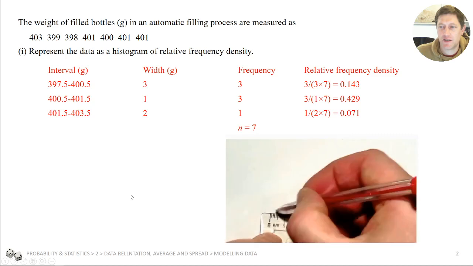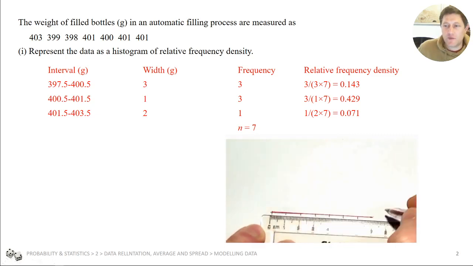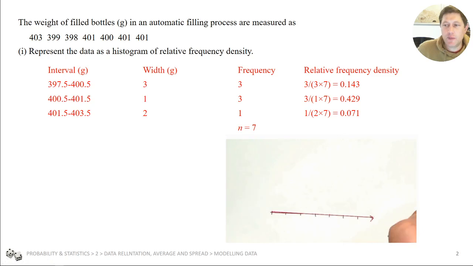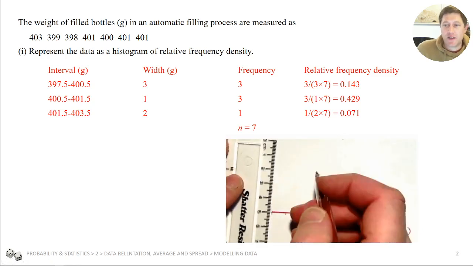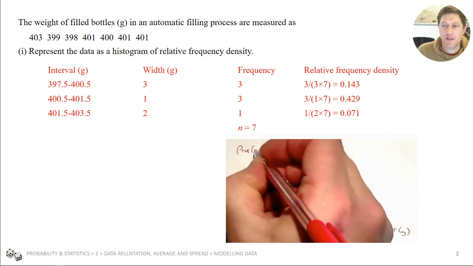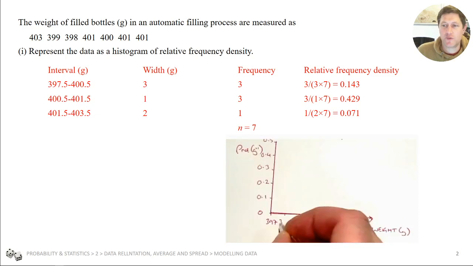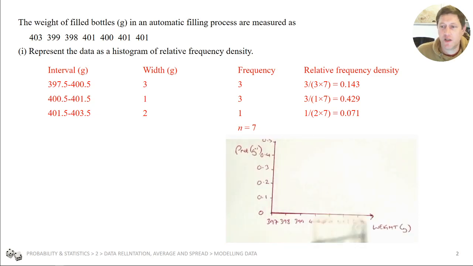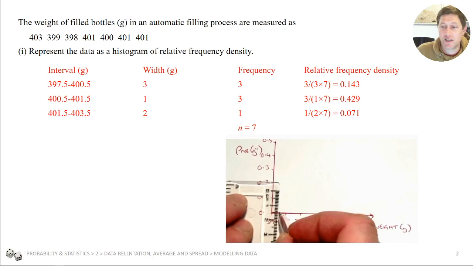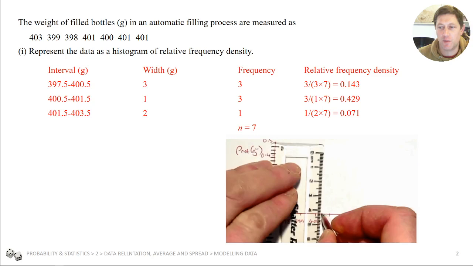Here's me doing it. Again, I'm doing it with pencil, pen and ruler and paper. This is actually faster than doing it on Excel. You pick some scales which are convenient to read off. So we've got 1 centimetre is 0.1 reciprocal gram on the y-axis, and 1 centimetre is 1 gram on the x-axis, and that makes it simple enough then to scale what you're trying to plot using your ruler.